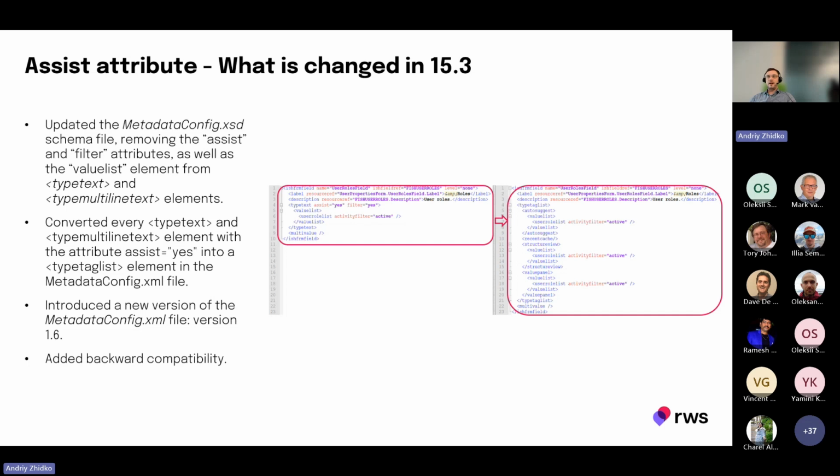The out-of-the-box metadata config XML file that we deliver as part of Tridion Docs 15.3 was updated, the assist attribute was removed, and type text and type multi-line text elements were converted to type tag list elements. As a result of the change to the metadata config XML file, we increased the version of that file. So now the version is 1.6. And we implemented backward compatibility support that I will cover in the next slide.